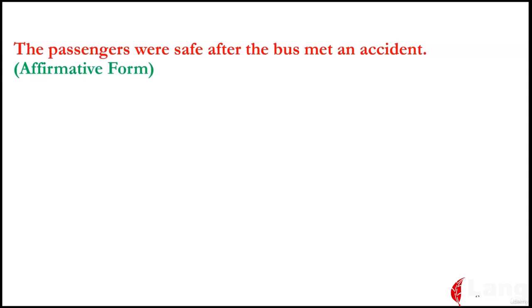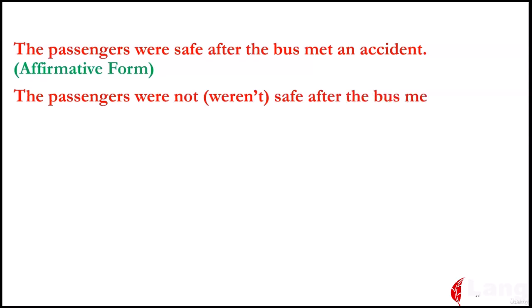The passengers were safe after the bus met an accident. This is the affirmative form. The negative form is, the passengers were not safe after the bus met an accident.